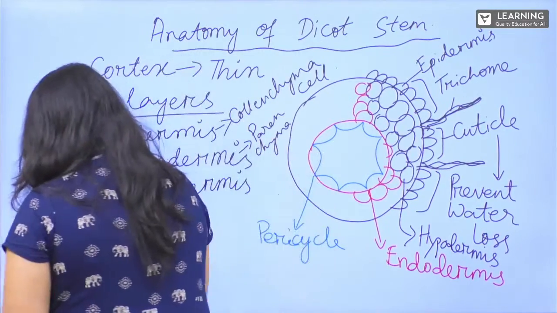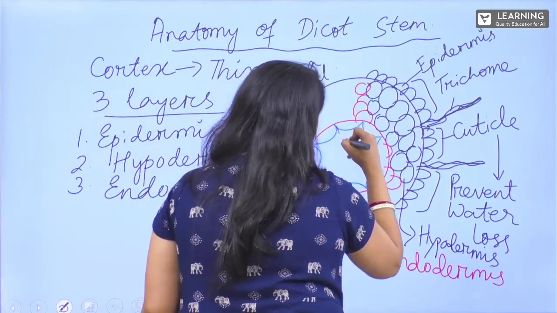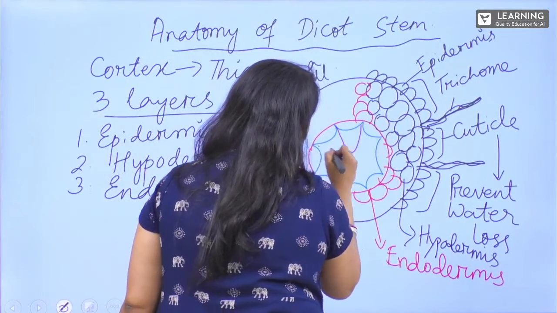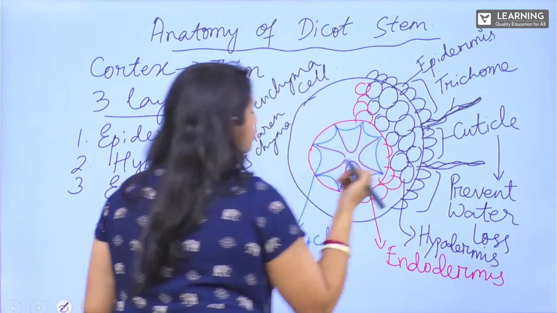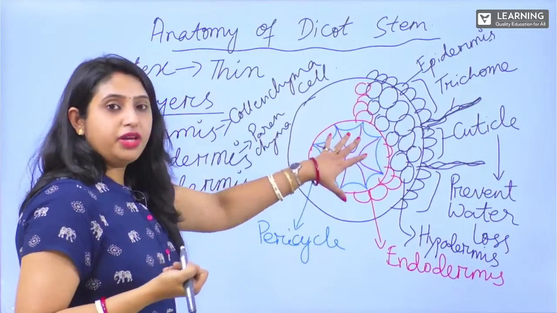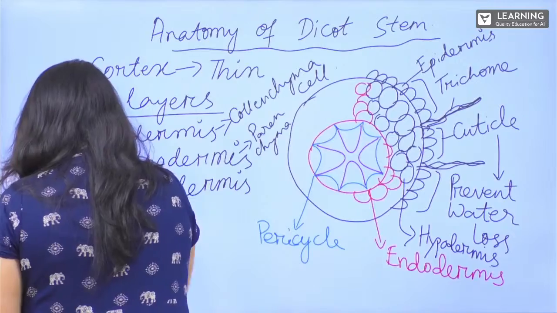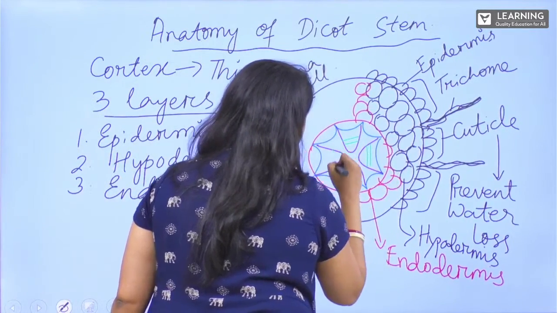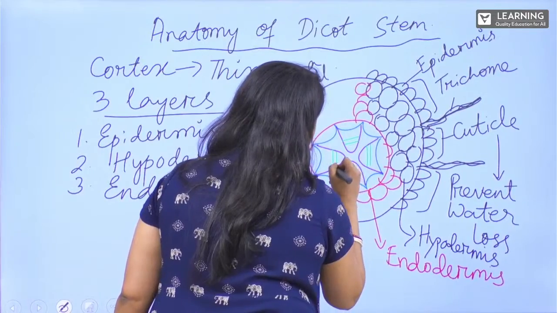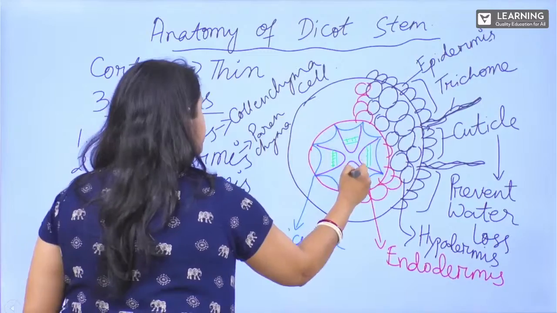So what will we find inside the pericycle? Inside the pericycle, we will find the xylem and phloem. They will be arranged in this form, and we will also find the cambium too. So this is your cambium. See how it is present.